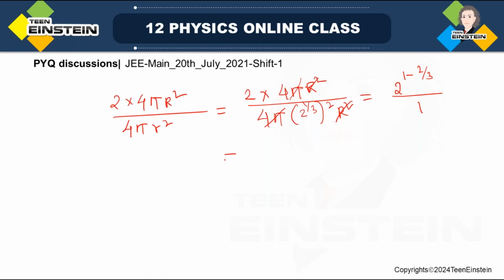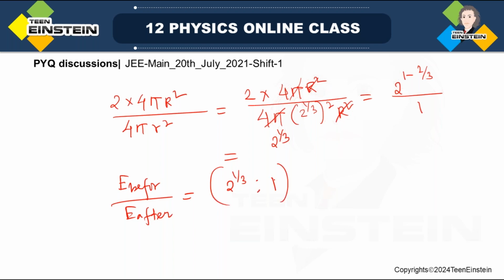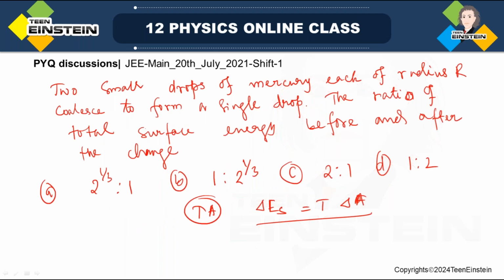So this will give you 2 to the power 1/3. So the ratio of the surface energy before and surface energy after will be 2 to the power 1/3. So option 1 will be the correct answer for this question.